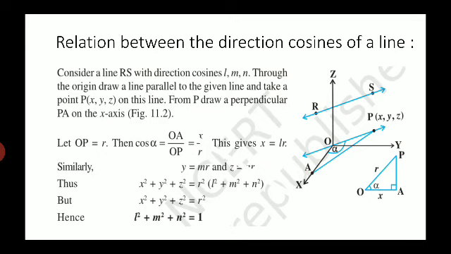If you take common r square, you will get r square into l square plus m square plus n square. But we know x square plus y square plus z square is nothing but r square. From this we will get l square plus m square plus n square equals 1.